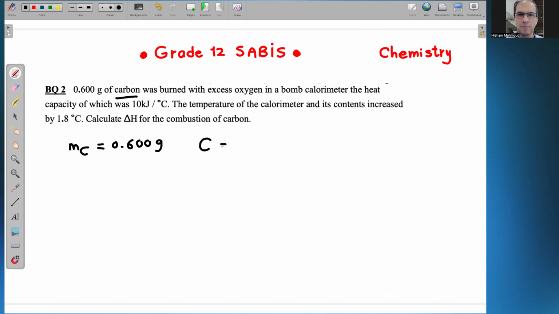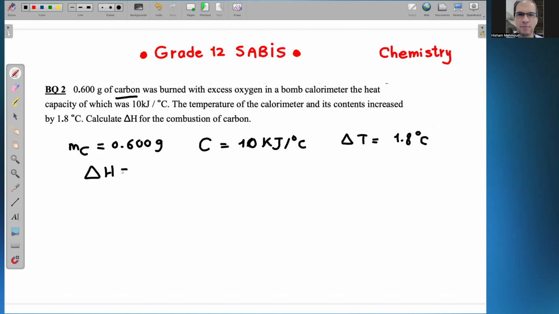So that's equal to 10 kilojoules per degree Celsius. And the temperature change, delta T, is equal to 1.8 degrees Celsius, the final temperature minus the initial temperature. So these are all the givens, and I'm required to find the delta H of the combustion of the carbon.